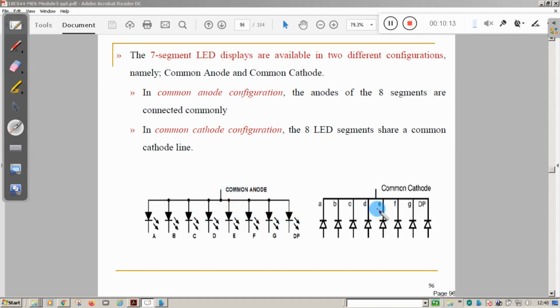In common cathode, all the cathodes of the 8 LEDs are connected to a common point and to the ground. In the common anode, if I want to glow an LED, you need to give logic 0 there. In the common cathode, if I want to glow an LED, you need to give logic 1. This is the difference between common anode and common cathode configuration.